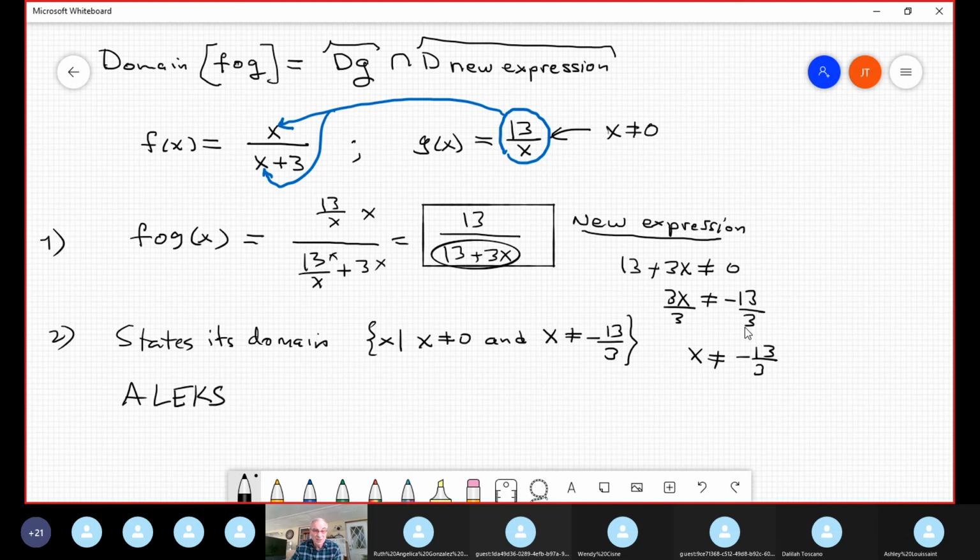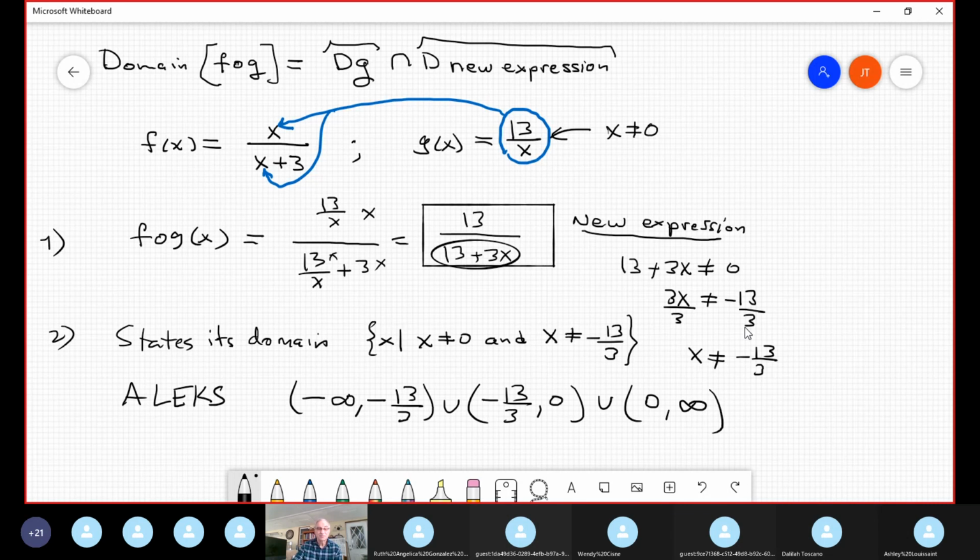But it's super easy. It's from negative infinity, comma, negative 13 over 3, union, negative 13 over 3, comma, 0, which is the other hole, union, 0, comma infinity. End of the story. Do you understand this or no?